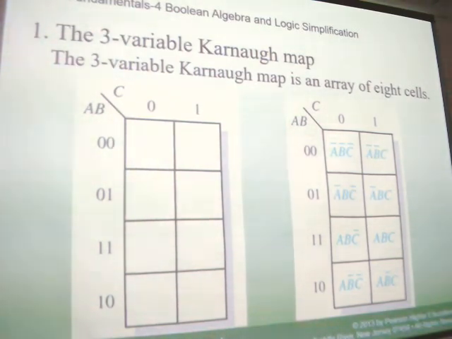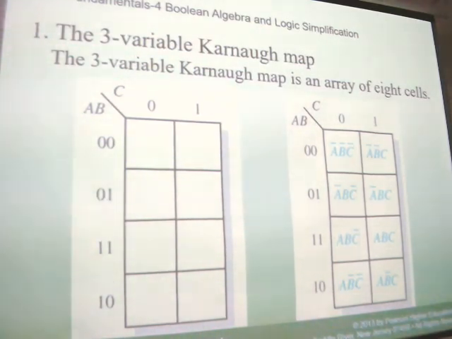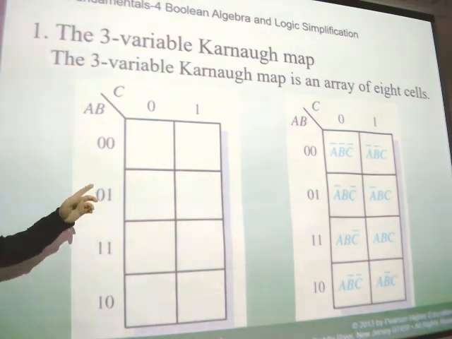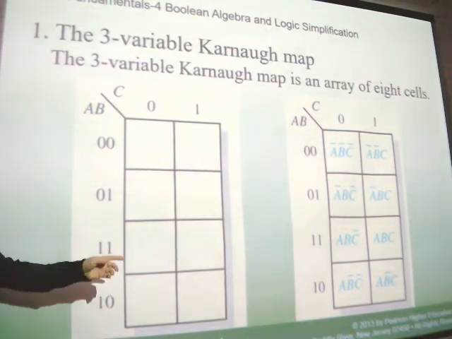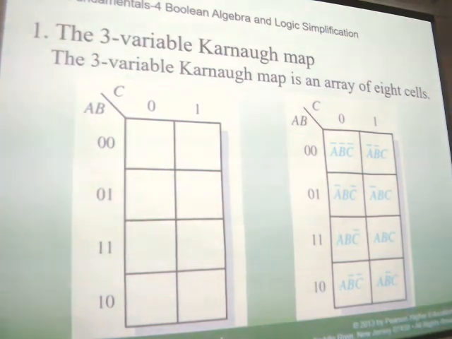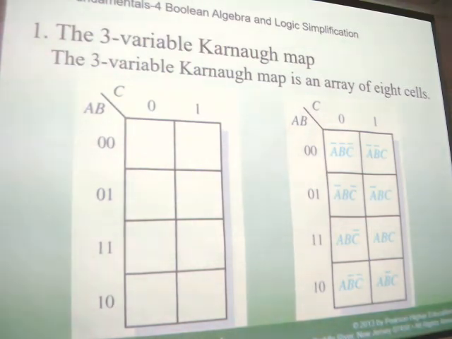We use the complement of the variable to represent 0 and the variable itself to represent 1. So 000 represents A bar, B bar, C bar, and 111 represents A, B, C.